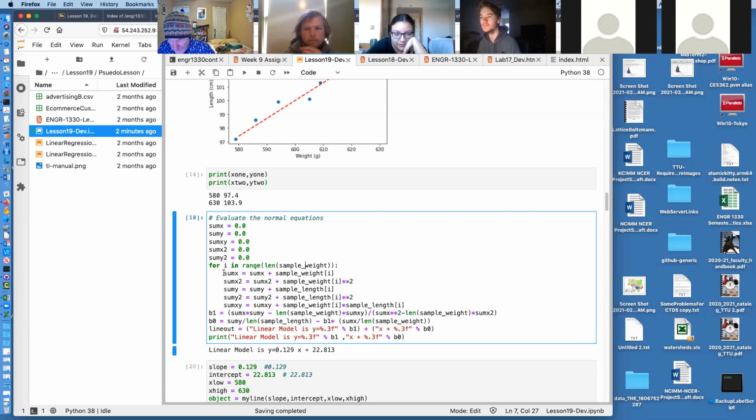Okay, so our sum x term, we take what's in the current value of sum x and we add to it the value of sample weight for the ith item. And the values of i go from 0, 1, 2, 3, 4, and so on. So when i starts out as 0, that's the first thing. Sum x is 0. We add the sample weight, and then we put the result back into sum x.